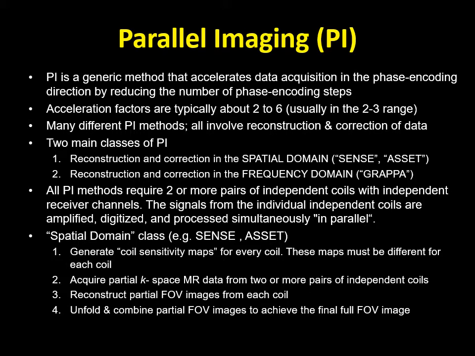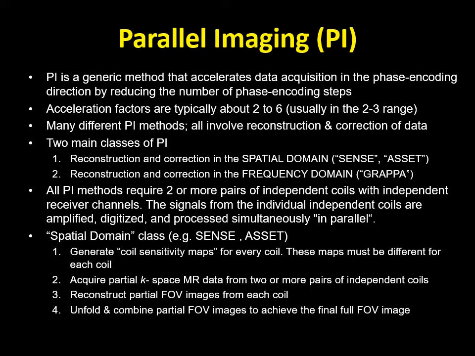The discussion here will be on the spatial domain class, for example, SENSE and ASSET. This is easier to understand and it is frequently used. There are 4 steps in this type of parallel imaging. First, there's a generation of coil sensitivity maps for every coil. These maps must be different for each coil.